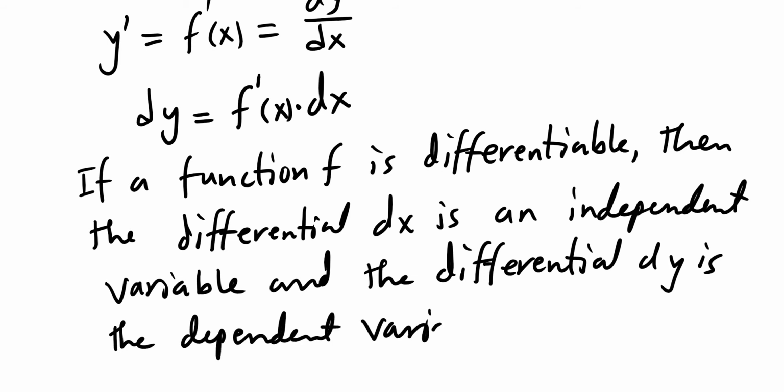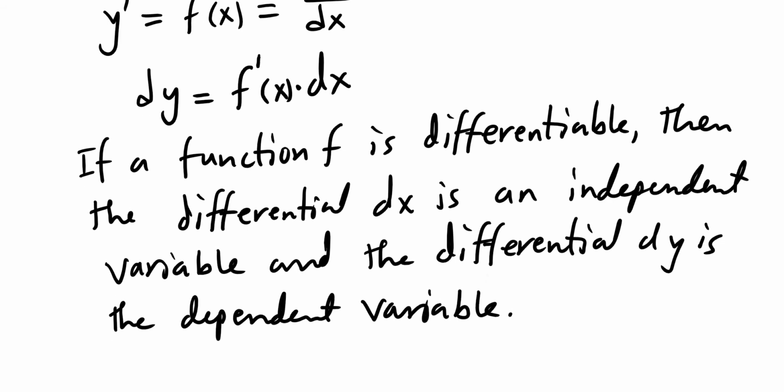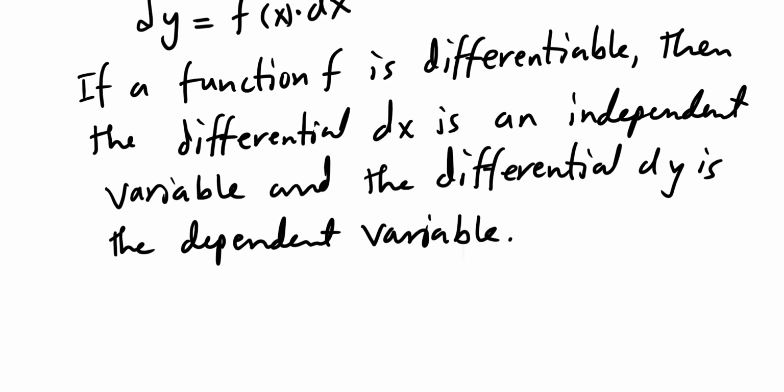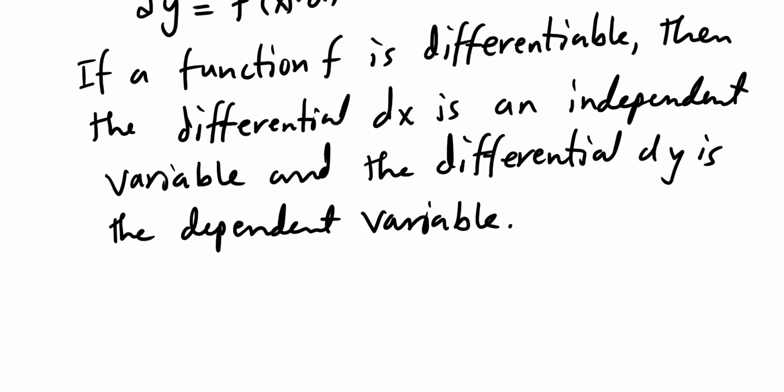These are the two variables, or two differentials. So dx is a differential and dy is also another differential. Not difficult to use, and now I'll show you examples first.